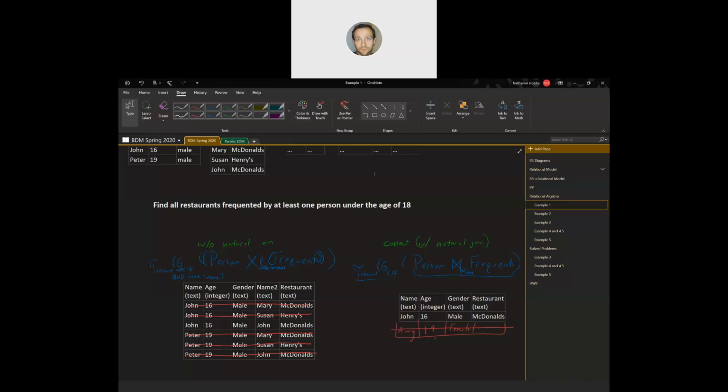So we're not just doing relational algebra for fun. It's a good motivation for how to do SQL commands correctly.